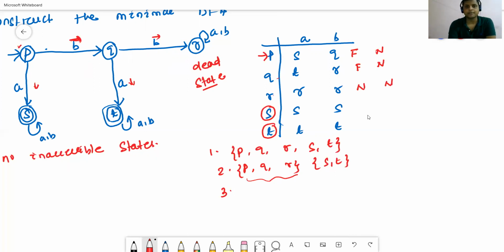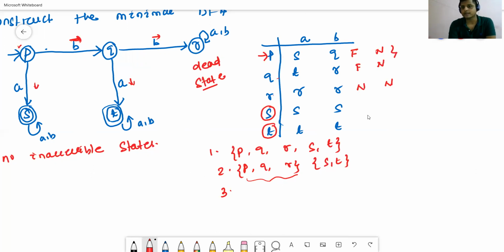See here, P and Q both reading A go to a final state. P and Q both reading B go to Q and R, which are both non-final states. So PQ reading A goes to final states and PQ reading B goes to non-final states. But R reading both A and B goes to non-final states.